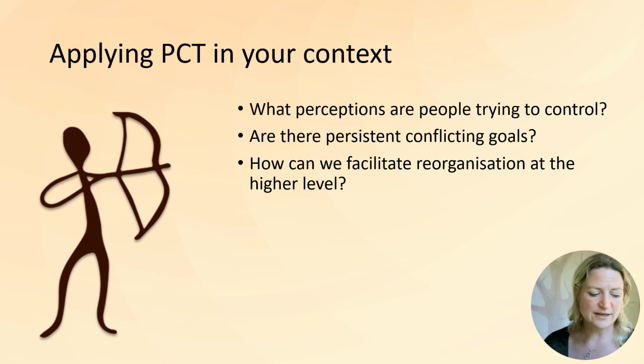You can take a look at what goals are involved and why this conflict does not resolve naturally. Why is it so difficult to make a choice there? And in that case, we have to look at how we can facilitate reorganization at the higher level. So how can you make it safe enough to explore? Can you help people to talk about whatever is bothering them? And can you have the patience to allow this reorganization to occur?